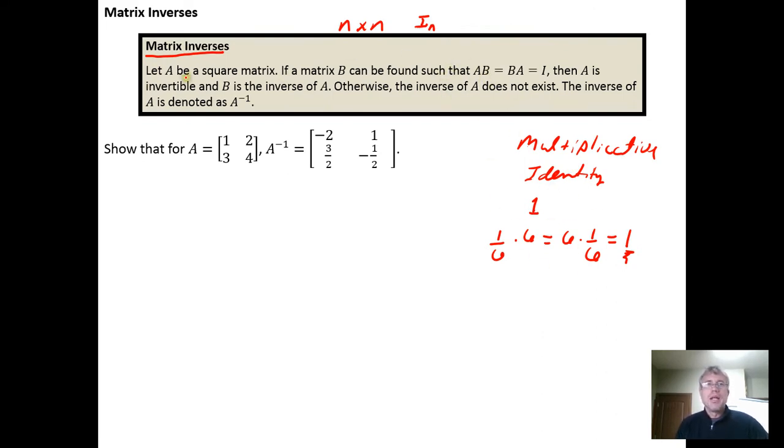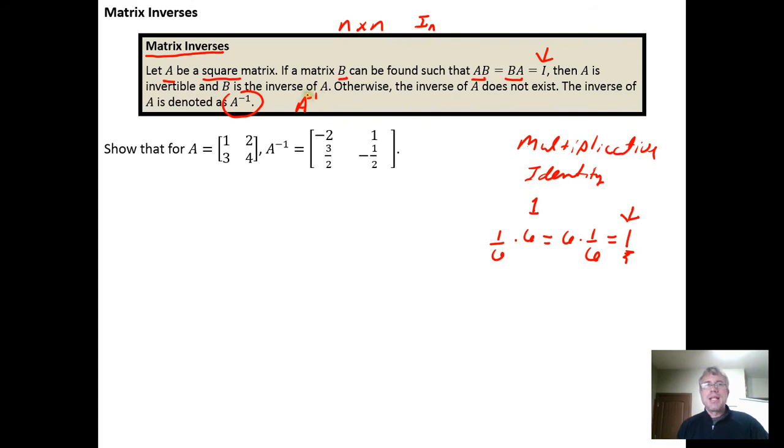If we have a square matrix A, and a second matrix B, and it is the case that A times B equals B times A equals the identity matrix, which plays the role of 1 for matrices, then we say that A and B are inverses of each other, or B is the inverse of A. We use the common notation for inverses, which is to put a -1 in the exponent position.